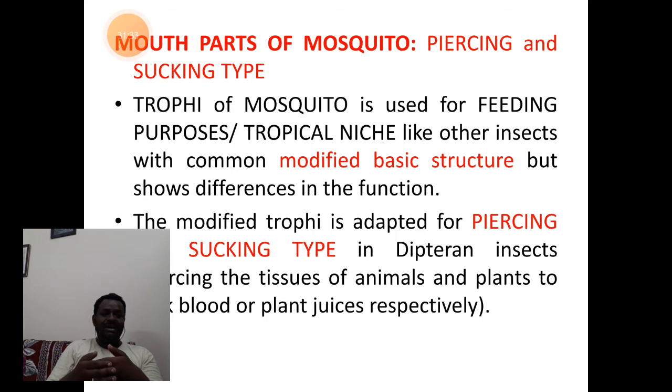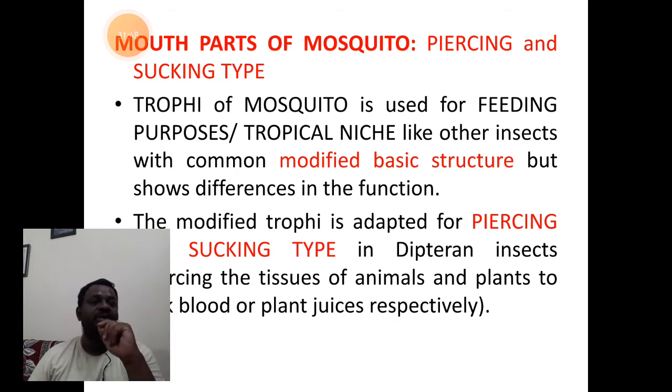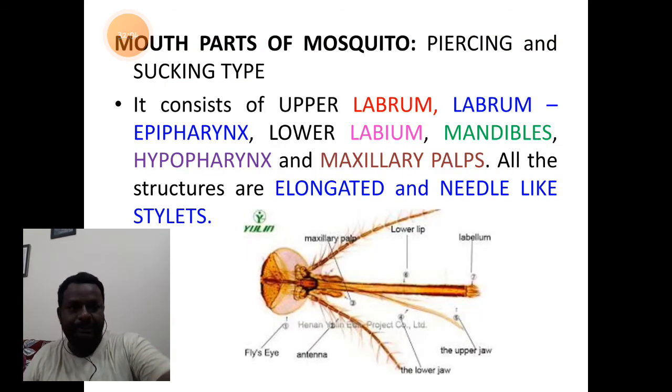Based on the function, there is slight modification in these basic structures. Generally this kind of feeding is seen in dipteran insects like mosquito, where piercing of tissue of animals and plants, sucking of blood or plant juices respectively is done by both female and male mosquito population respectively.